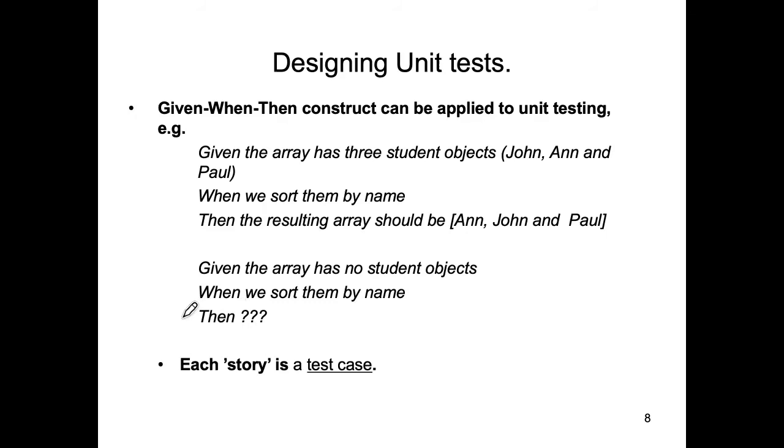Or maybe the specification says it should return an empty array, and then I write my tests to make sure that it does return an empty array. So as I said a while ago, if you can't finish one of these, then the problem is in the specification. It's unclear, and you go back to that. Hence, you're writing your tests against the specification.